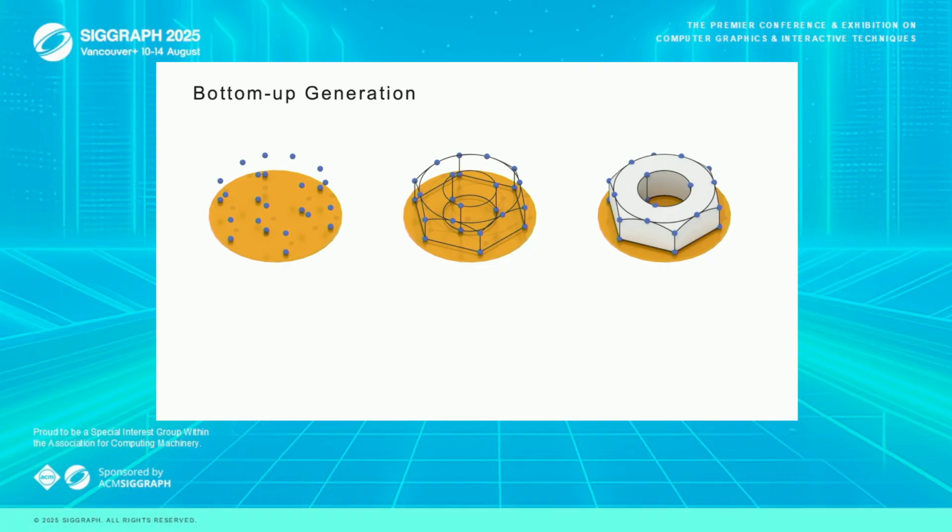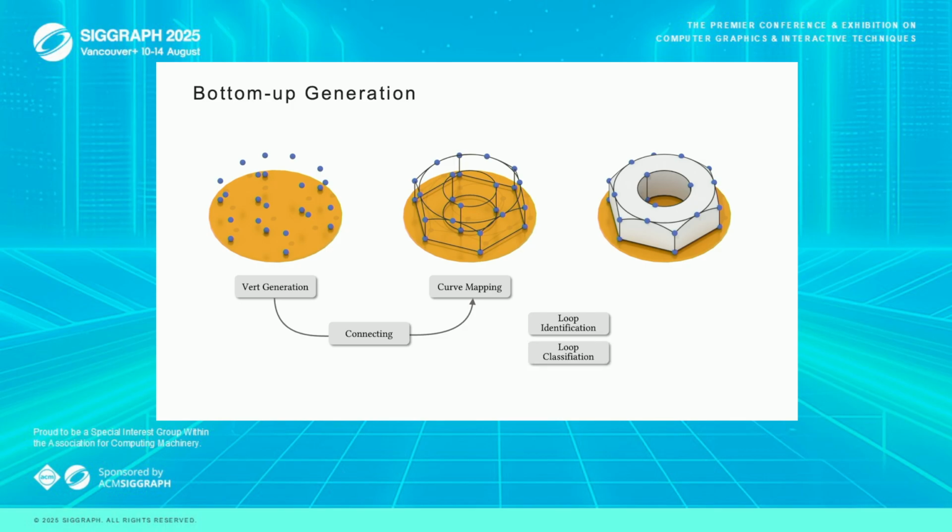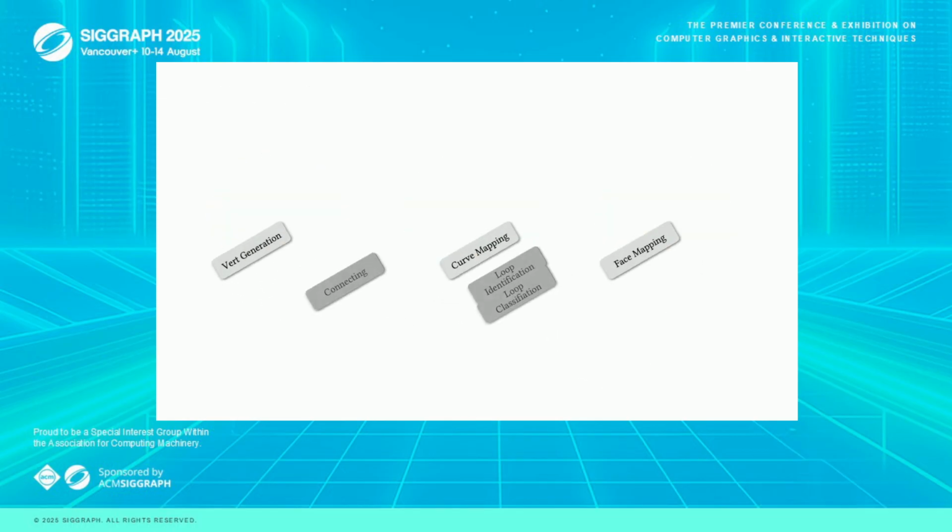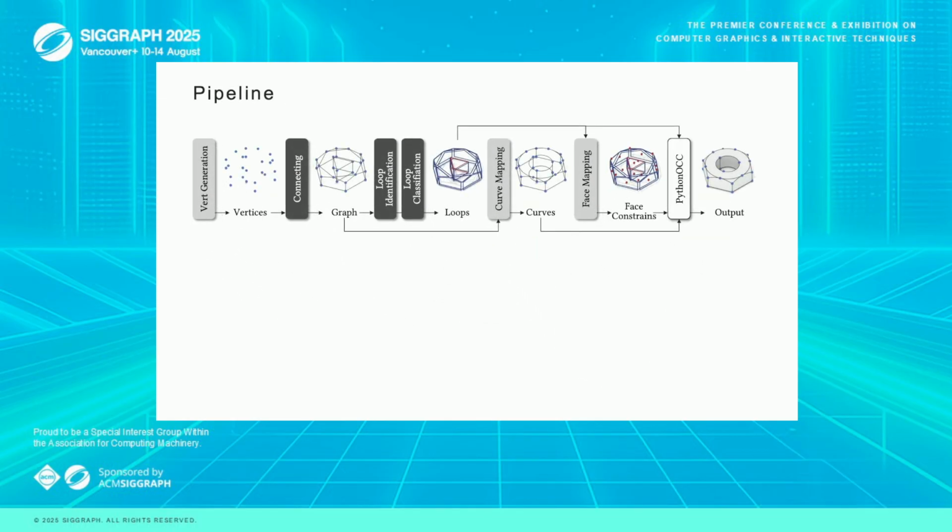If we break it down further, we can divide it into 6 steps. First, we generate vertices, then learn about connections and curve geometry. Next, we need to identify which loops should be filled, classify inner and outer loops, and finally learn the face geometry.